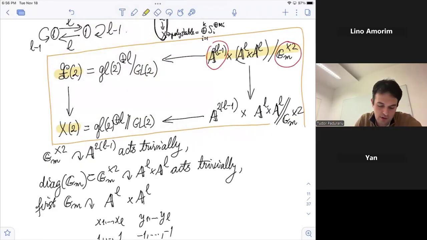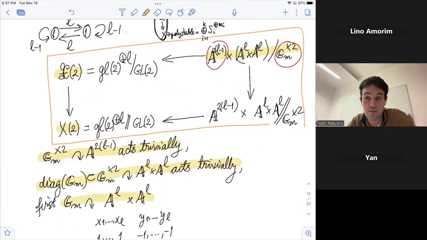So this is what I wrote here. Also, as usual, the diagonal Gm will act trivially on the representation. So of course, we keep carrying this Gm trivial stabilizer over all points, not only over the stable points. So the only relevant stack that we'll have to consider is A^L times A^L quotient by Gm, where Gm is one of the two Gm's there, for example the one corresponding to the leftmost vertex.